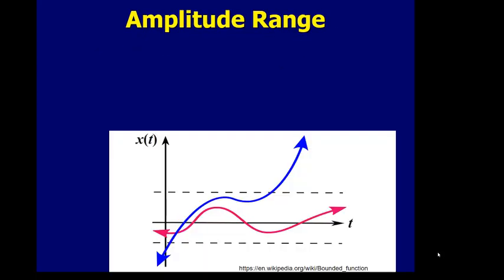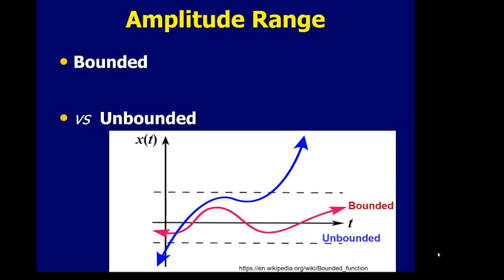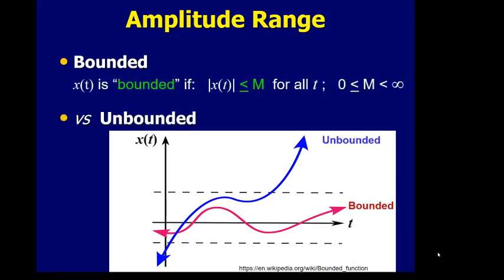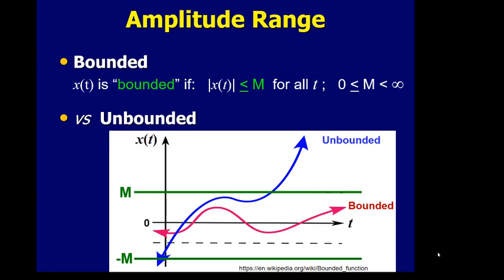Taking a continuous time signal, we can also look at the amplitude of the signal and divide signals into two different types again: a bounded signal and an unbounded signal. As the name implies, a bounded signal is one where I can define some level m that bounds this signal, meaning that for all time t, the absolute value of that function x of t has to stay within the boundaries of m.